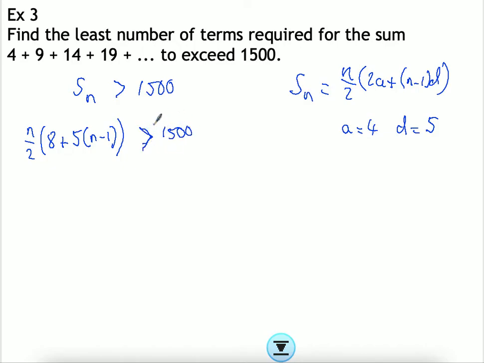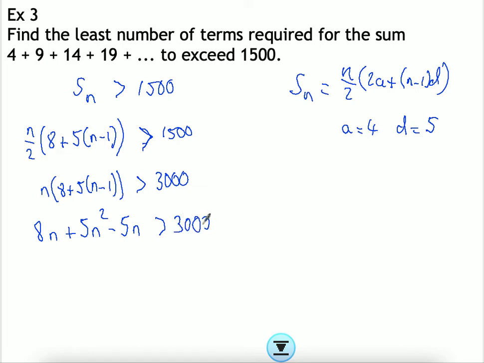Let's double both sides. We get n lots of 8 plus 5 lots of n subtract 1 is greater than 3,000. Now if I expand this, I'm going to get 8n plus 5n squared subtract 5n greater than 3,000.